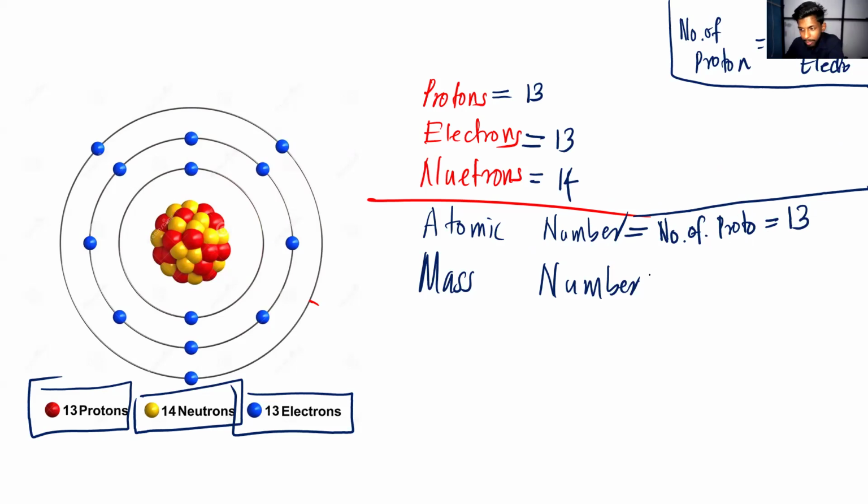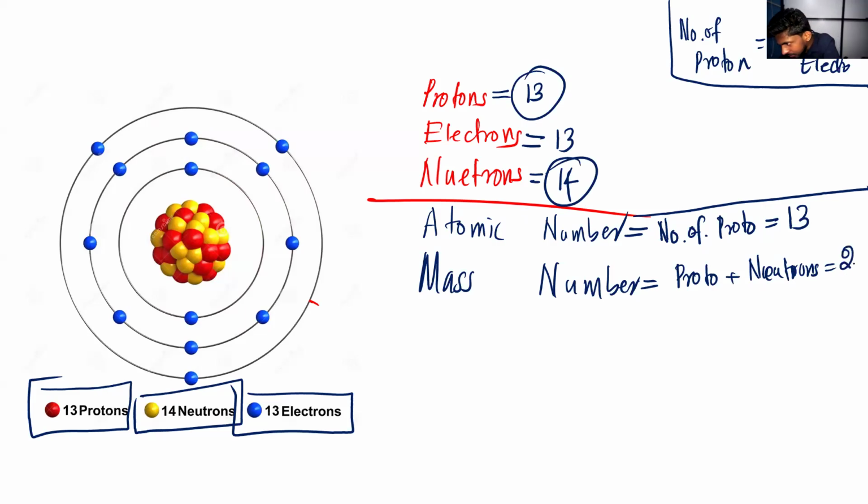Now, mass number. To find the mass number, you add the protons and the neutrons. You know the count of protons and the count of neutrons. 13 plus 14, that is 27.